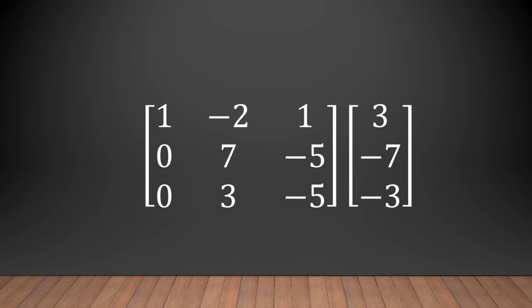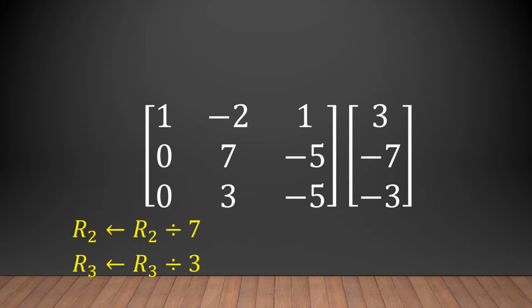I'm going to divide the second row by 7 to turn that second position 7 into a 1. And I'm going to divide the third row by 3 to turn that second position into a 1. And that looks like this.